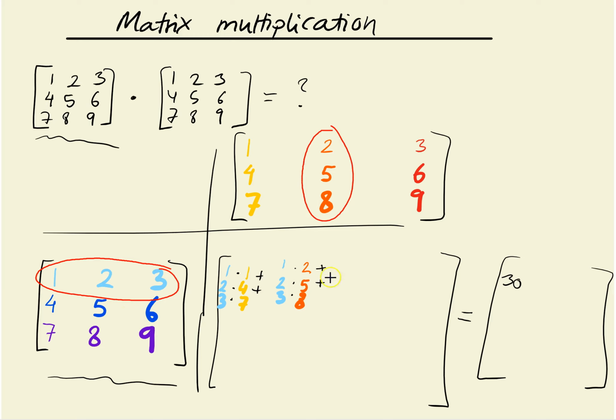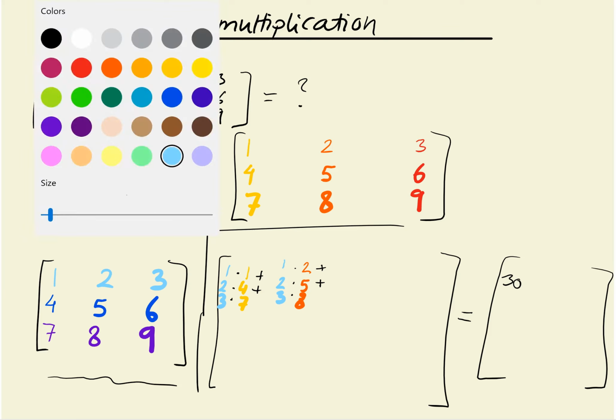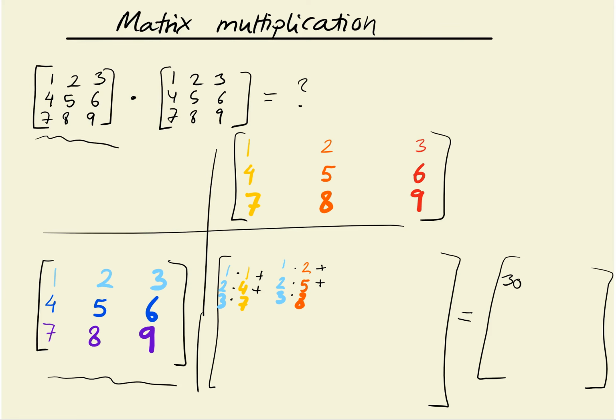You take the scalar product and you get this result. Let's write down the numerical result here. 1 times 2, that's 2. 2 times 5, that's 10, so that's 12. Plus 3 times 8, that's 24, so that's altogether 36.